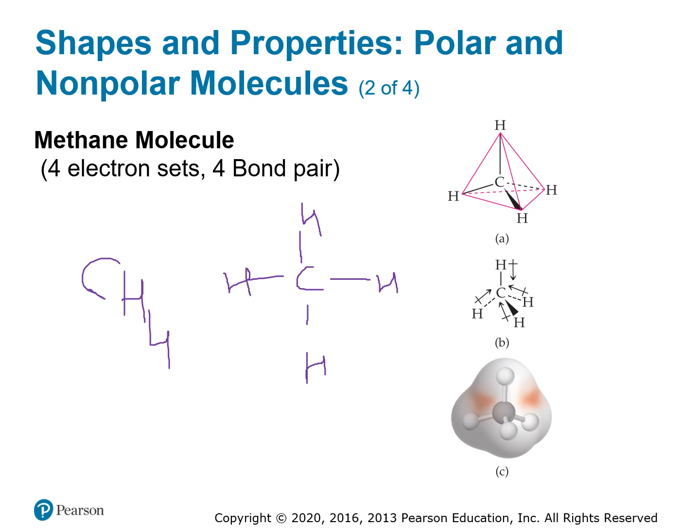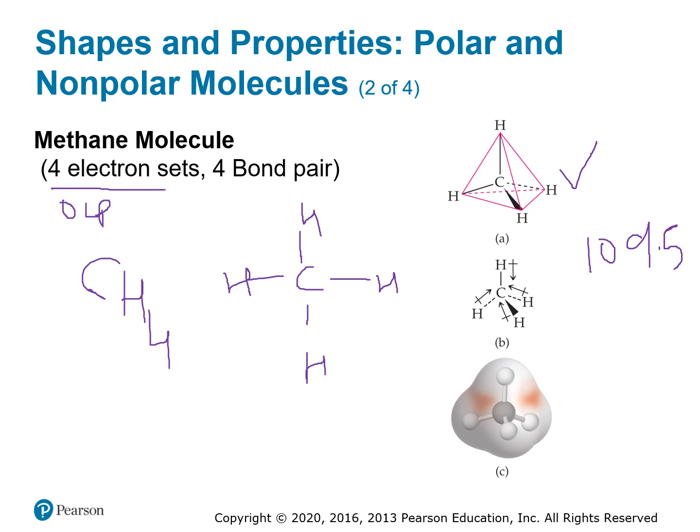Now let's count the number of electron sets on the central atom. So 1, 2, 3, 4. There are 4 electron sets, 0 lone pairs, right? Whenever we have 4 electron sets, the geometry is tetrahedral, and that's what is shown here. The bond angle is 109.5 degrees, and this is how the tetrahedral shape will look.